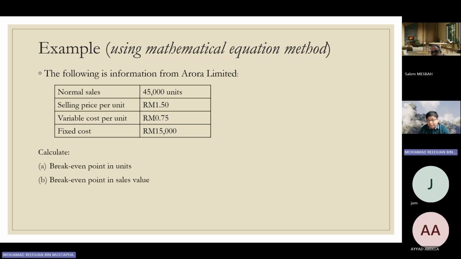In order to get the break-even in sales value, you need to get the contribution margin ratio first, the CMU ratio, which is the contribution margin per unit over the selling price. So this is the formula.